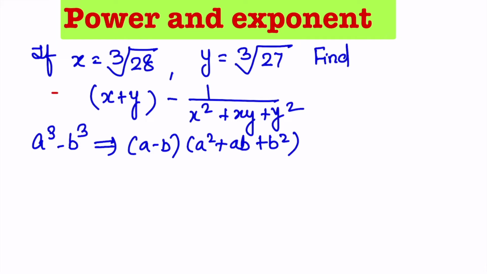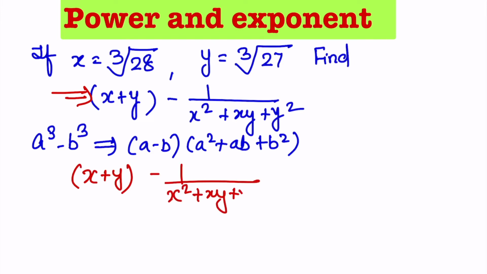Here we have to find this x plus y minus 1 upon x square plus xy plus y square. Now we see that if we multiply the numerator and denominator with x minus y, we can get the identity of a cube minus b cube over here.